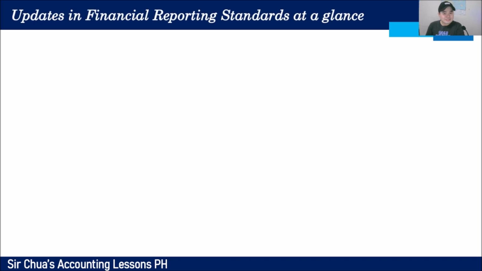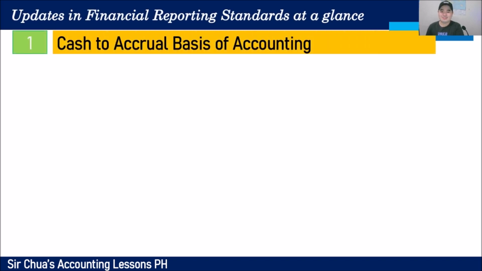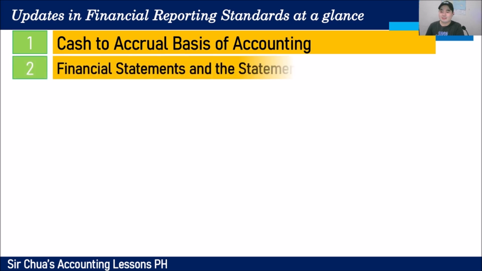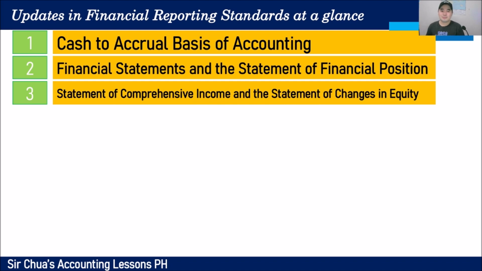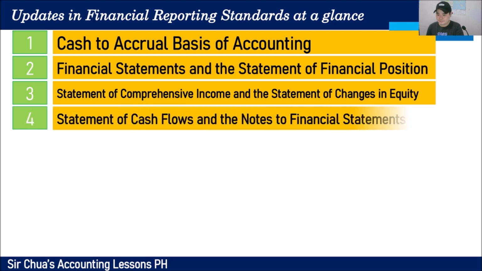Okay, so at a glance, these are the topics that we will be discussing. The first one is the cash to accrual basis of accounting, or cash and accrual basis of accounting. We'll be comparing them. And then financial statements and the statement of financial position. And then the next is, as you know it, the statement of comprehensive income and the statement of changes in equity. And then the statement of cash flows and the notes to financial statements.